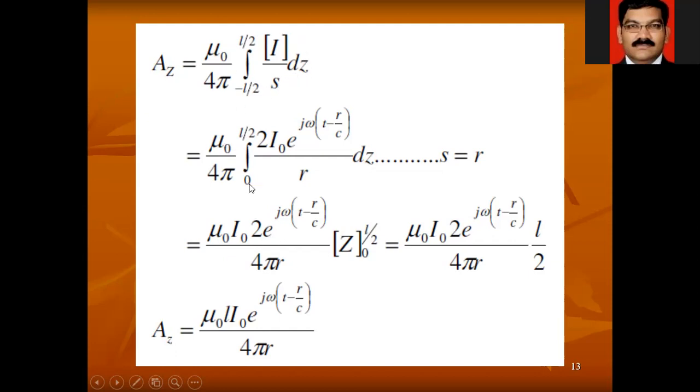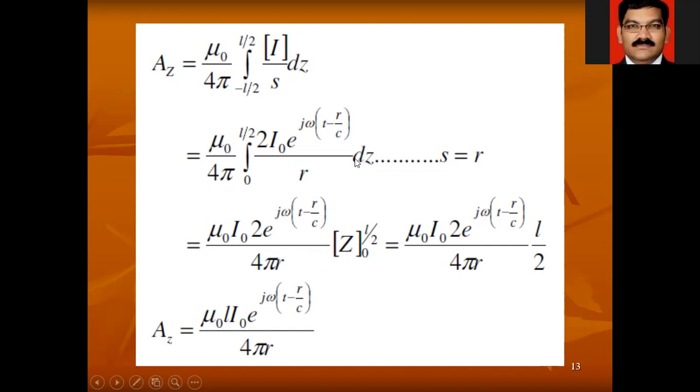Now instead of I we can put the equation for the current. This is the equation for I we have put, upon, instead of S we can put R. Further modifying this, the equation becomes this way.